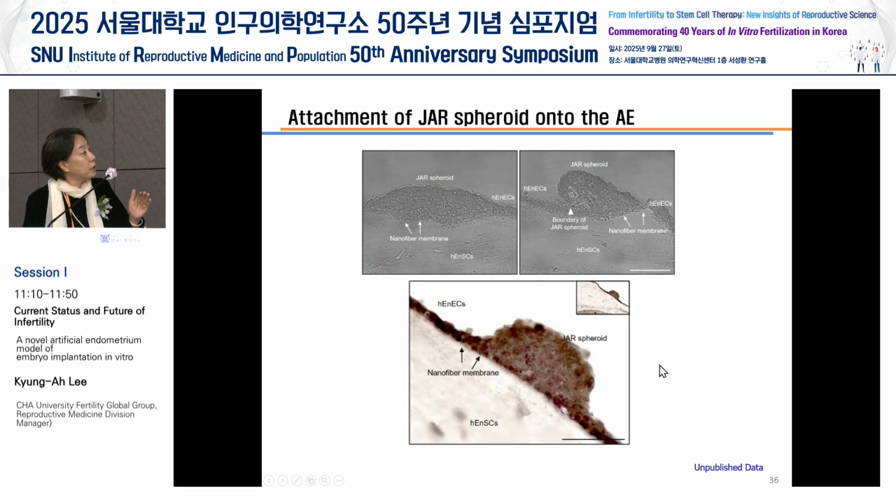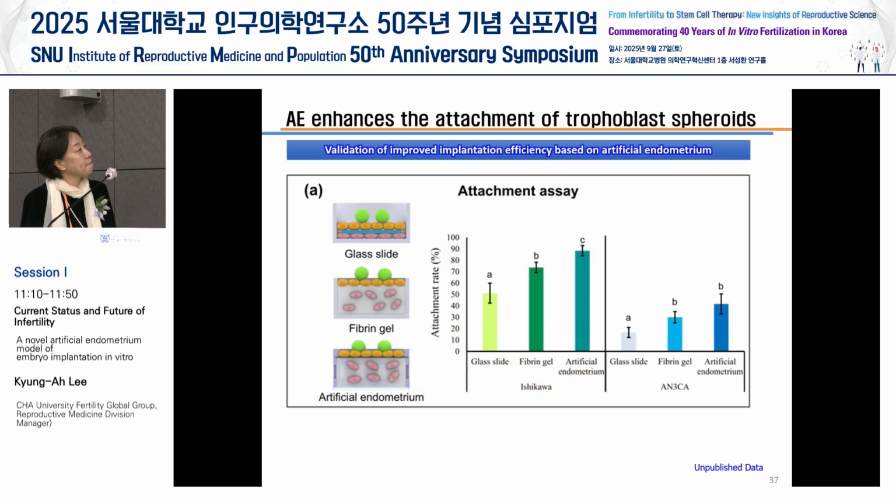After culturing both cells together, Dr. Kim got this good picture of the JAR spheroids well attached on the mesh. For the attachment assay, as we expected, it was better than glass itself, with fibrin gel in between.